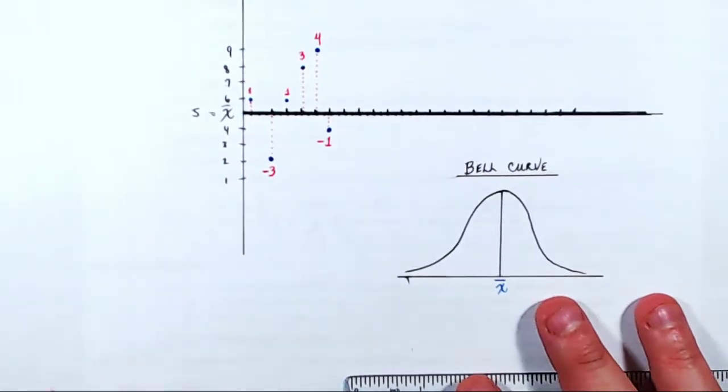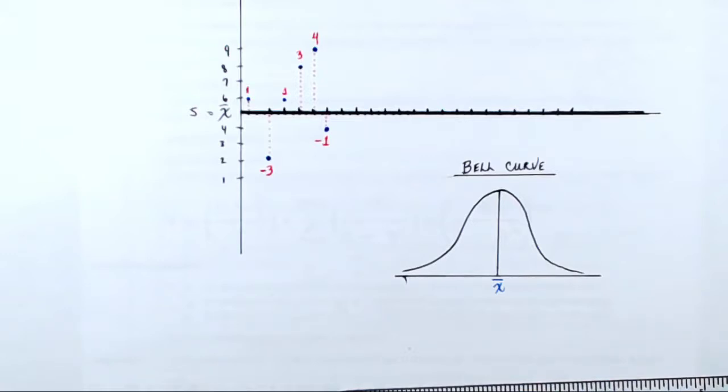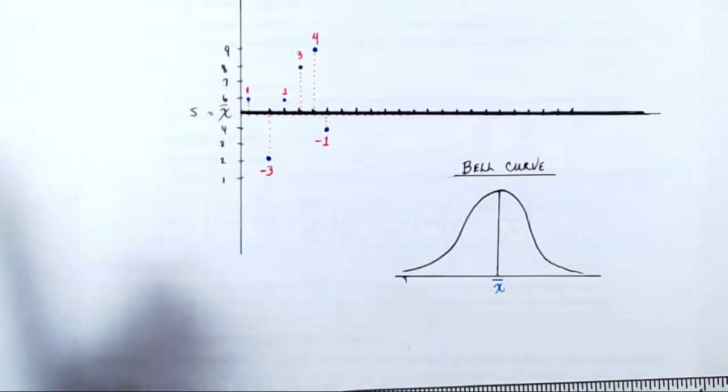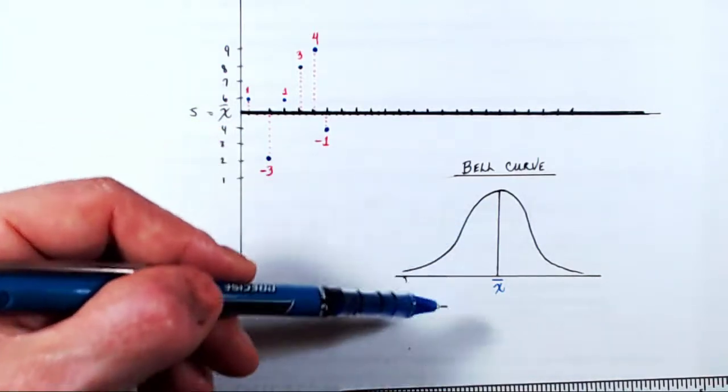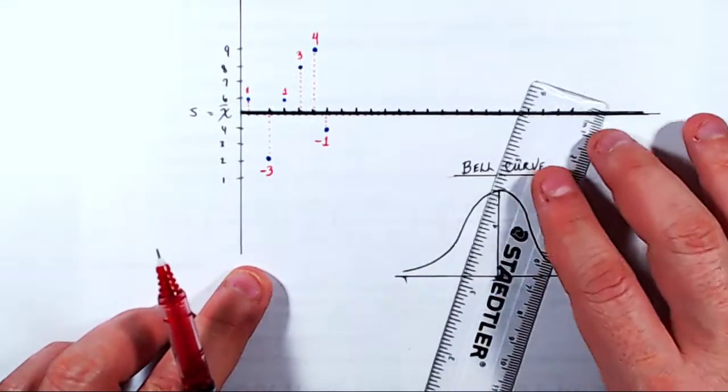And you can kind of see a hint of what I'm doing with this plot right here. What I'm saying is, what percentage of the values in my poll lie within a standard deviation of the mean? Well, we'll plot 3 standard deviations on this bell curve, and I'll explain everything.